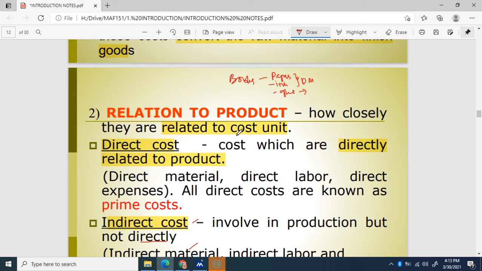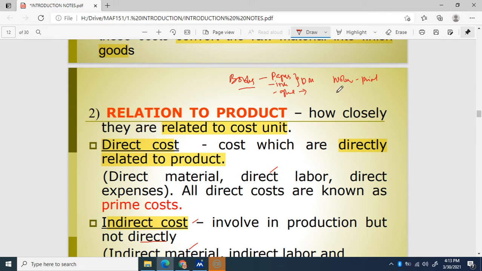Other things under direct cost is direct labor. To produce the books, you need workers that print. These workers are traced directly to produce the book, so we call it direct labor.